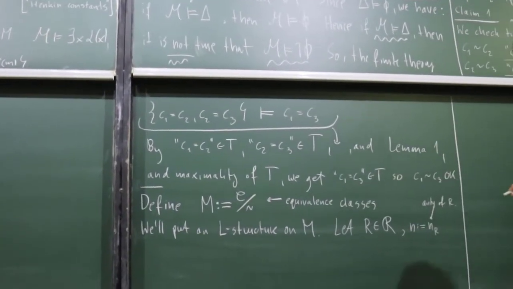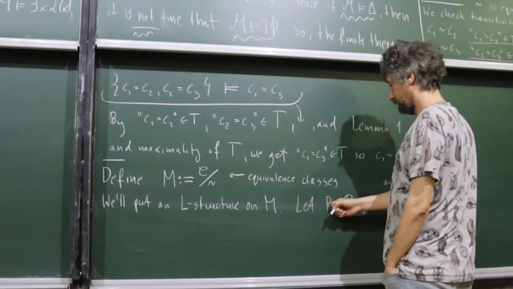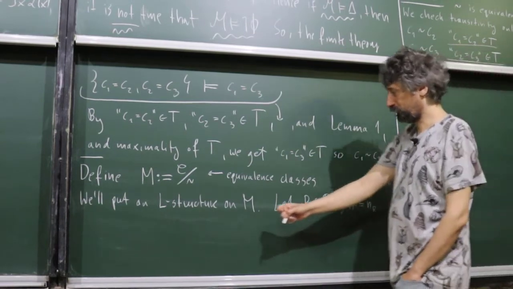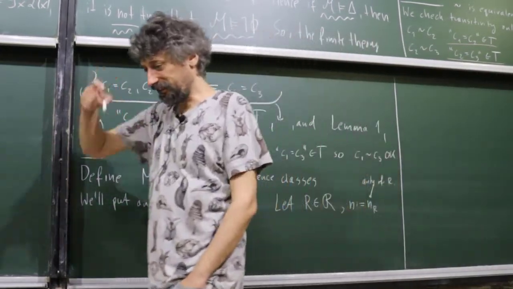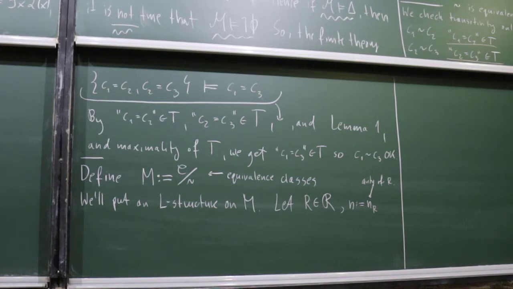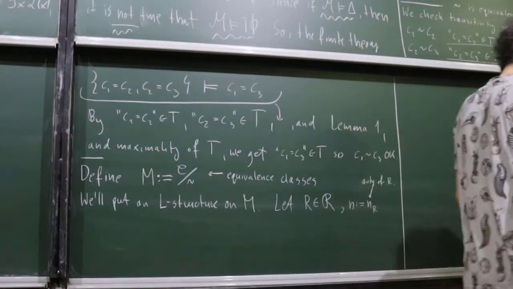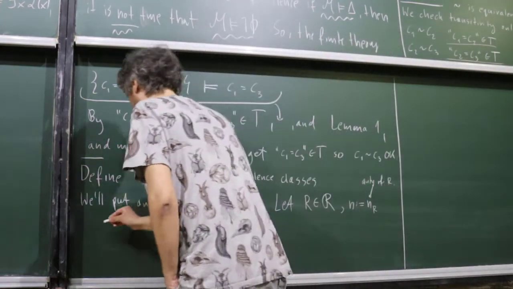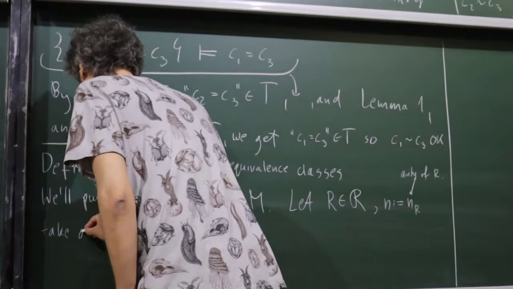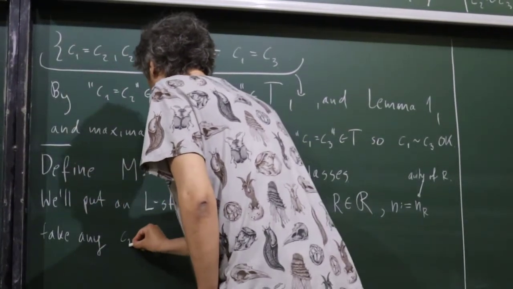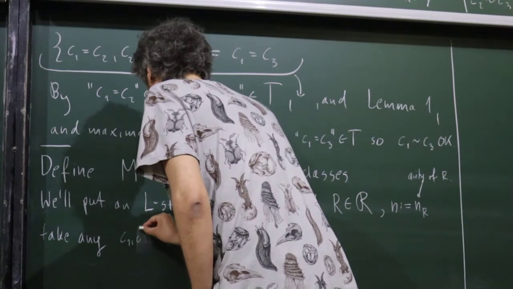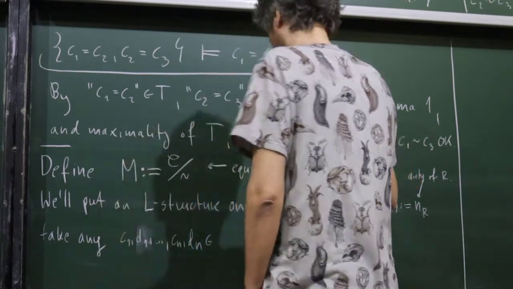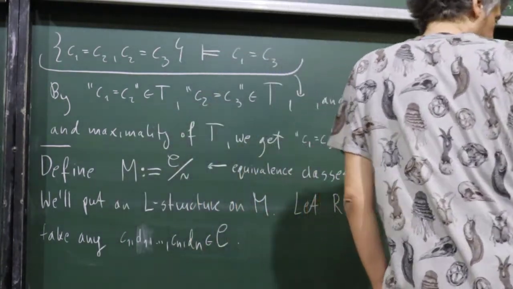Yeah. So what is it? We have to understand what are. So for this relation, we have to say when an n-tuple of these equivalence classes is in the interpretation of this relation symbol. Okay, so take any C1 to Cn, D1 to Dn constant symbols.